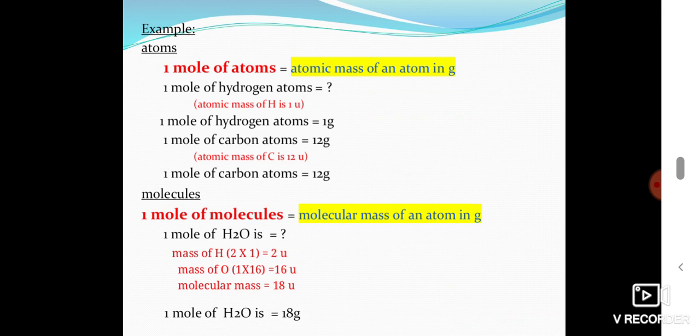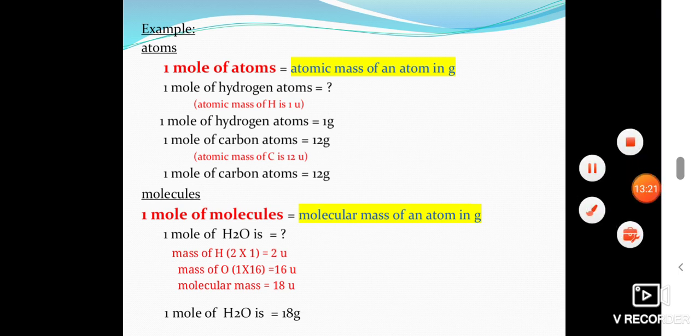And next, for molecules: 1 mole of molecules contains how many grams? 1 mole of molecules contains the molecular mass in terms of grams.